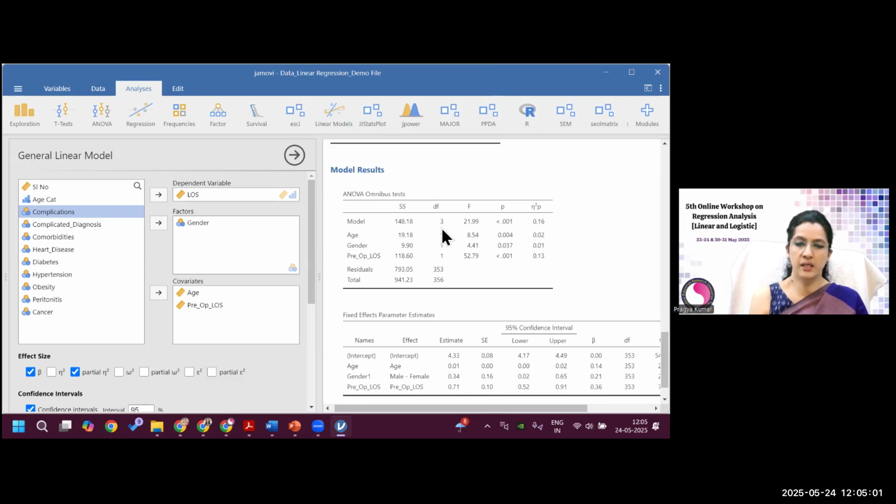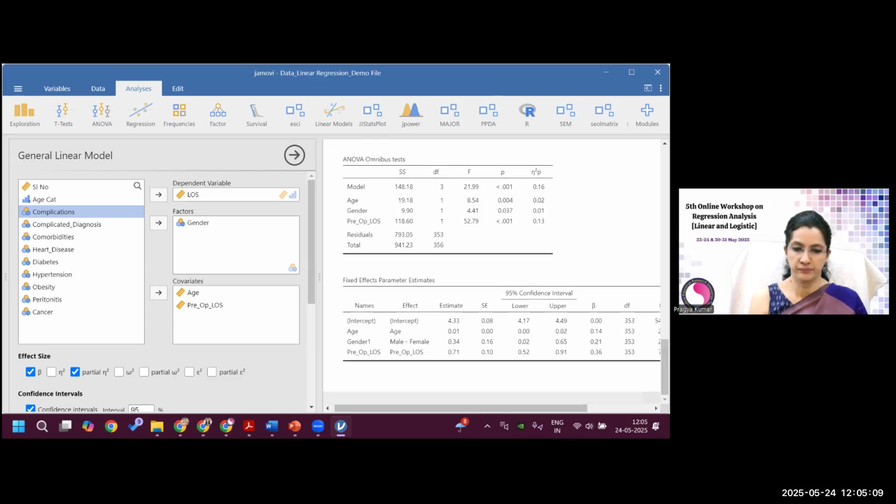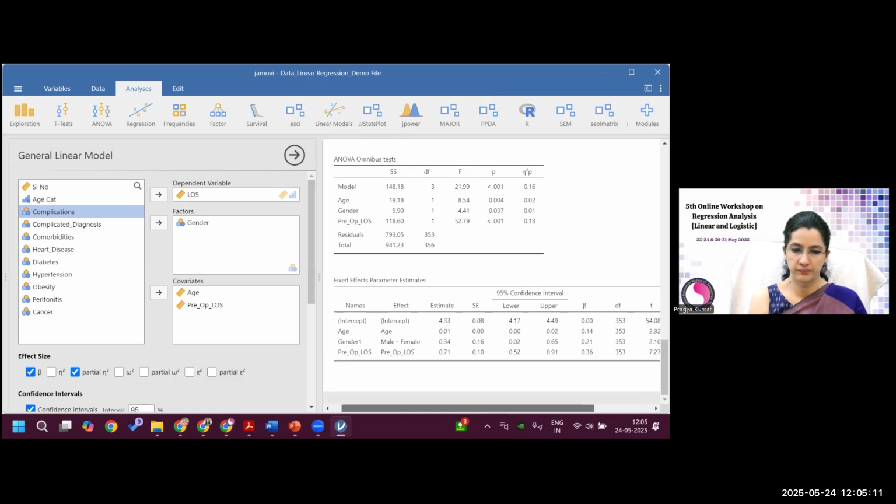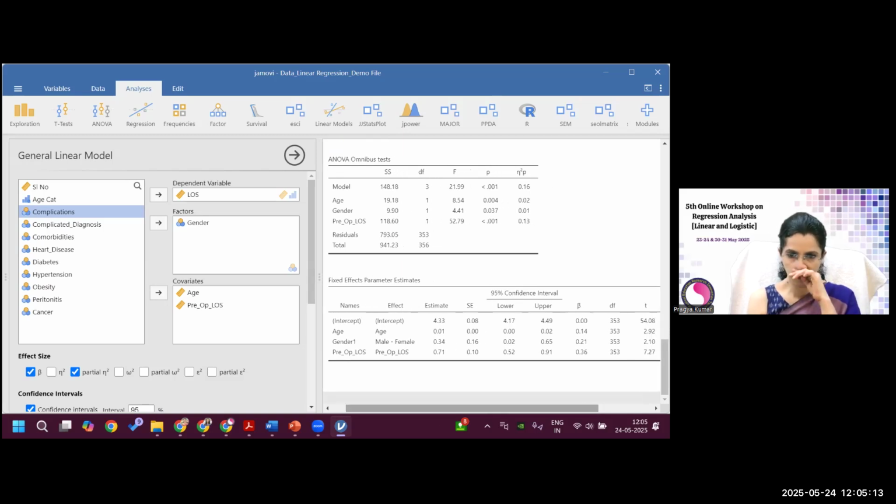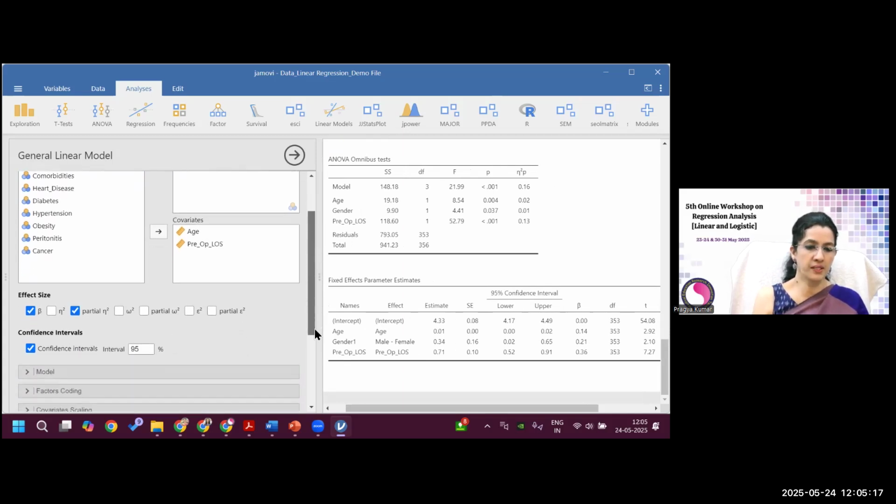And this is the ANOVA, the overall sum of squares, degrees of freedom. You can leave that, and it gives you the partial eta square also. The rest of it is the same. Only for effect size you can use that.